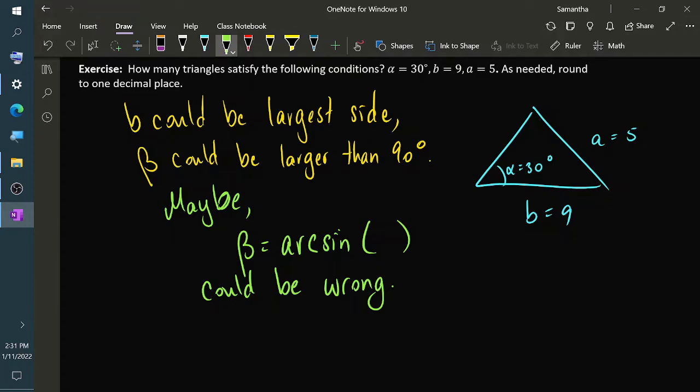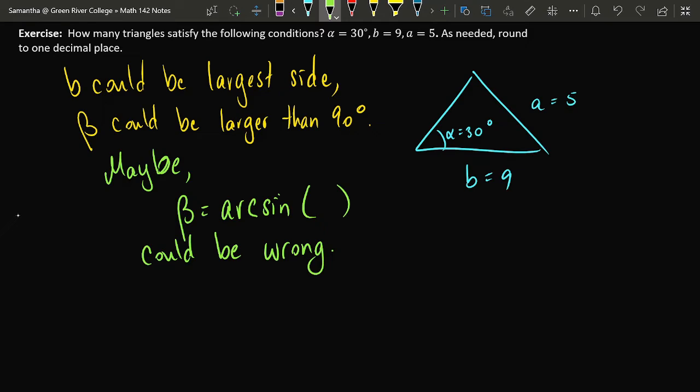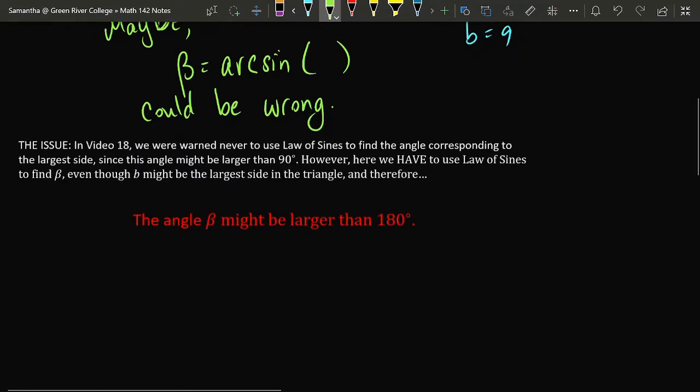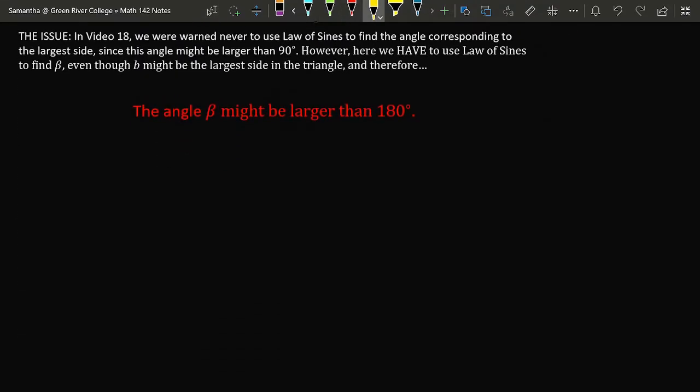So let's figure out how we would deal with a situation like this one, trying to use law of sines to solve a triangle problem where one of the angles that you need to calculate could be obtuse. I'm going to start by setting up law of sines in basically the only way that I can.